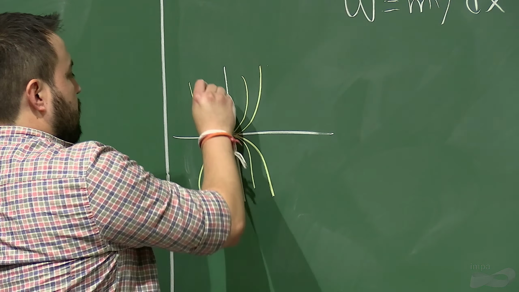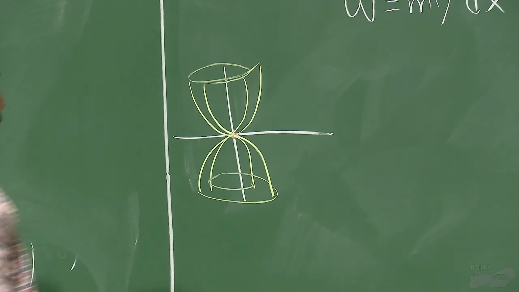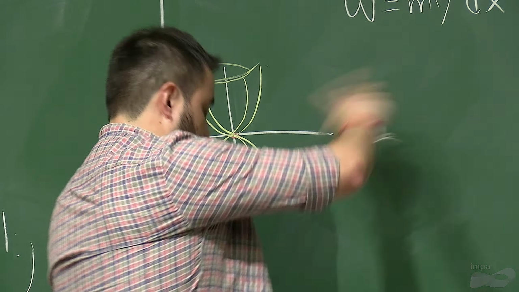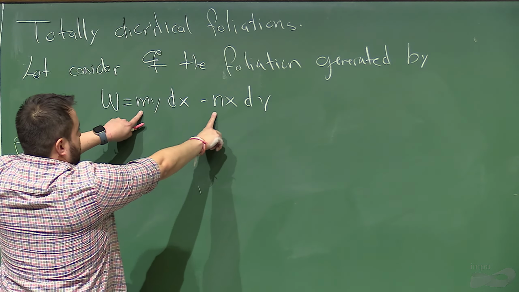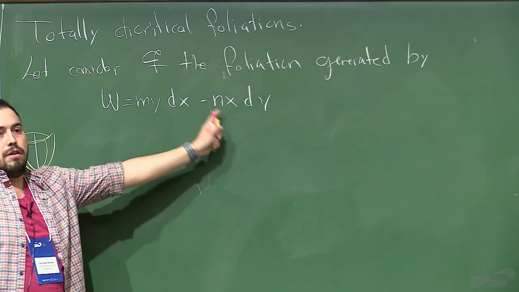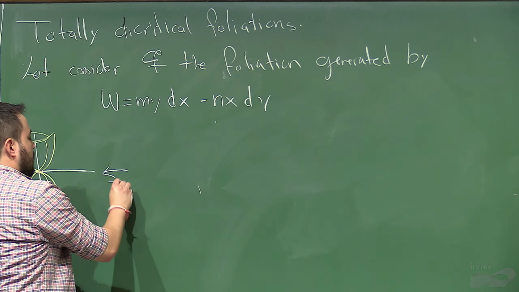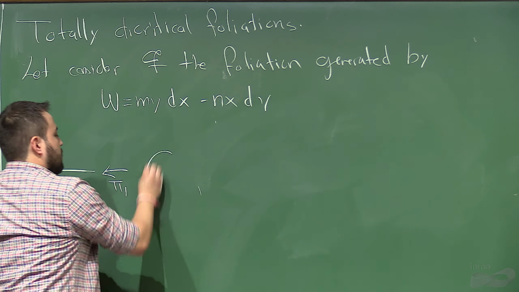This is a real picture, and we take the sequence of blowing ups given by the Euclidean algorithm of n and m.